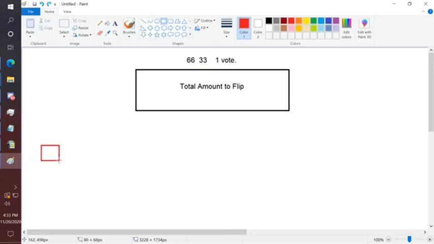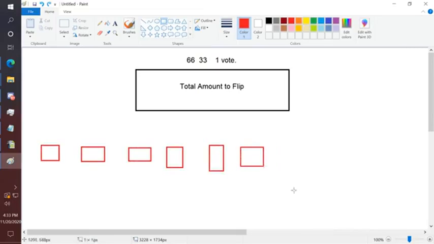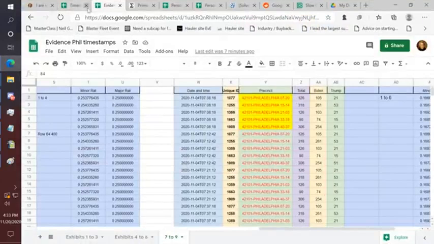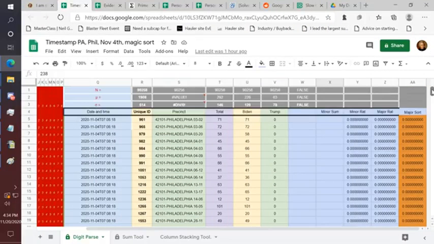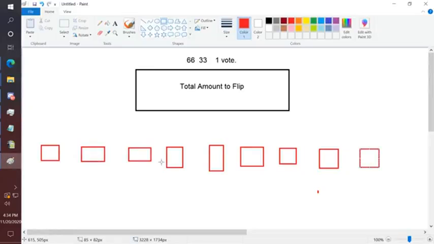So let's do the 9 exhibits. 1, 2, 3, 4, 5, 6, 7. Now there's more. There's obviously in this gigantic sheet, these oddities happen many, many times. There are many more exhibits, hundreds of exhibits in here, I would imagine, where you have ratios being transferred. But for the sake of my theory, we're just going to pretend these are the only 9 ratios that got transferred on November 4th.